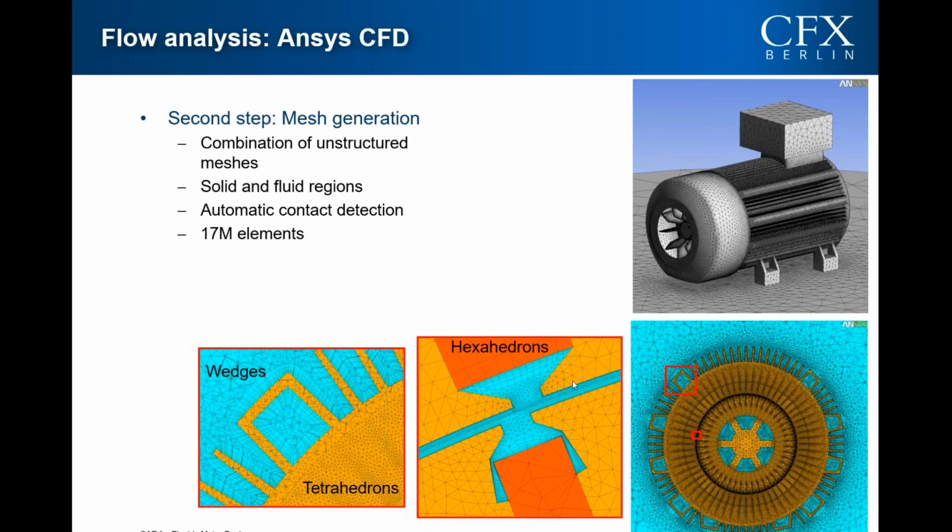Here, the automatic contact detection capability of the ANSYS meshing solution saved us a lot of work. Overall element number was 17 million. So we are dealing with a medium-size mesh here that has refinements between the outer cooling ribs you can see here, and in the air gap between rotor and stator.